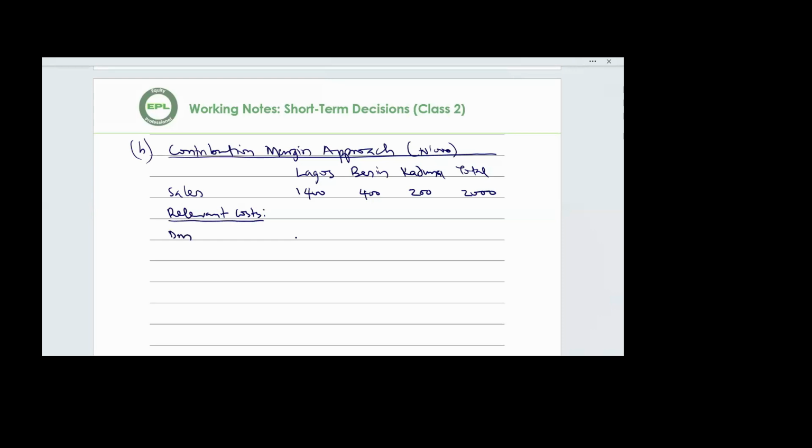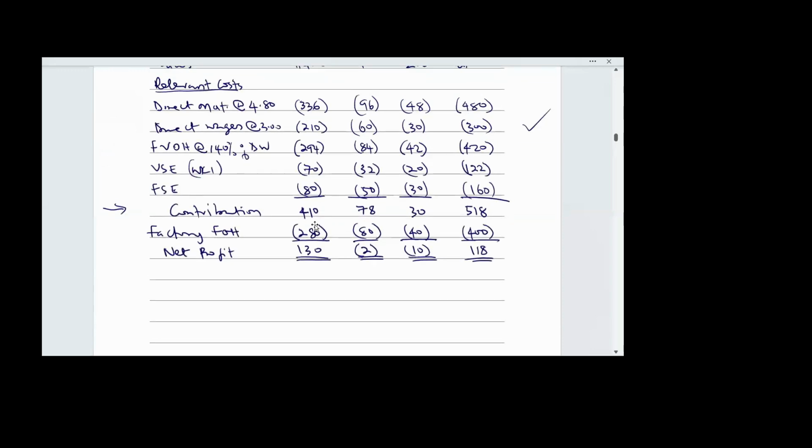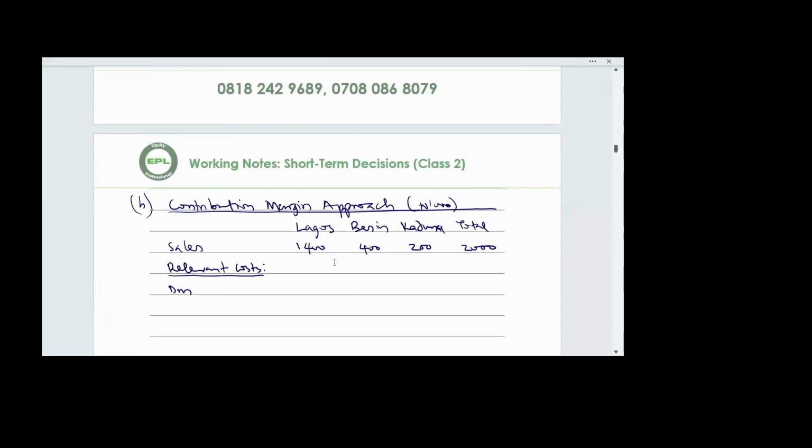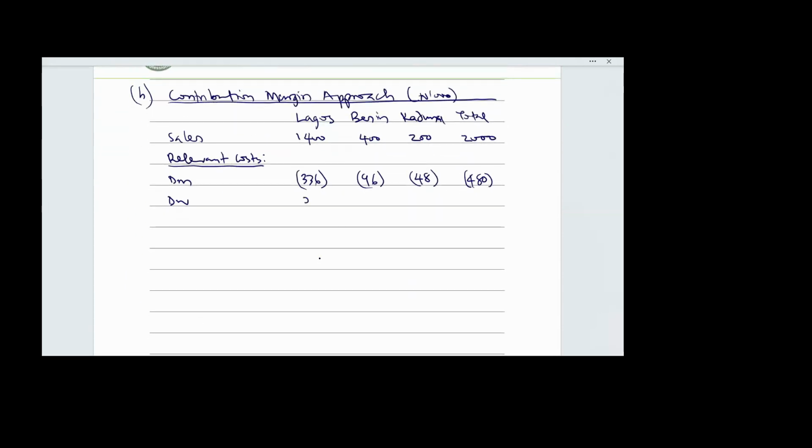We have direct material, and then our direct material is 336.9648, which is 480 total. We have direct wages, and then our direct wages is 210, 60, 30, which is 300.